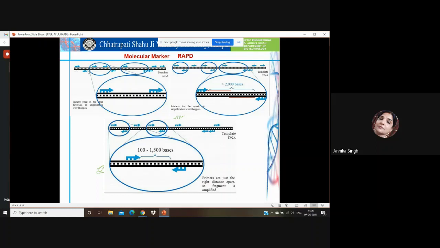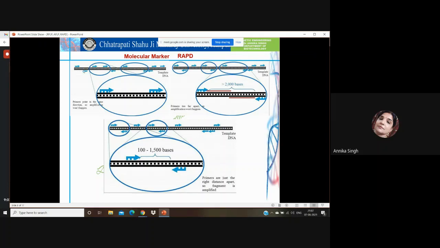So the DNA replication takes place from 5 prime to 3 prime direction, and here the reaction takes place in this direction, but in this case the reaction takes place in this direction.